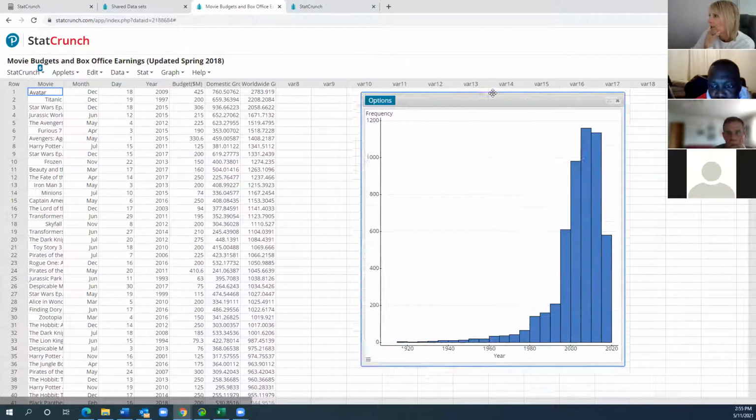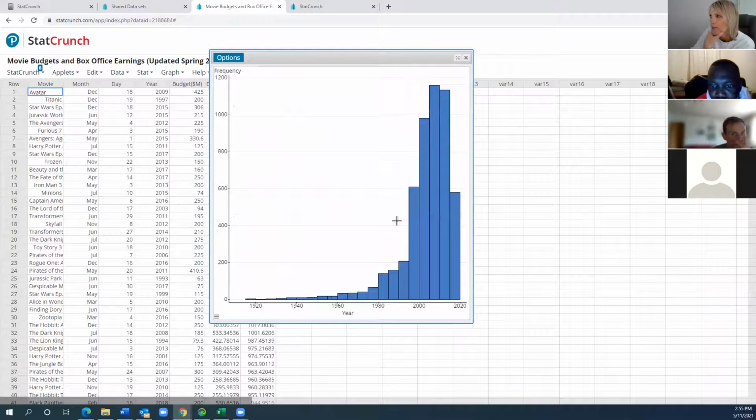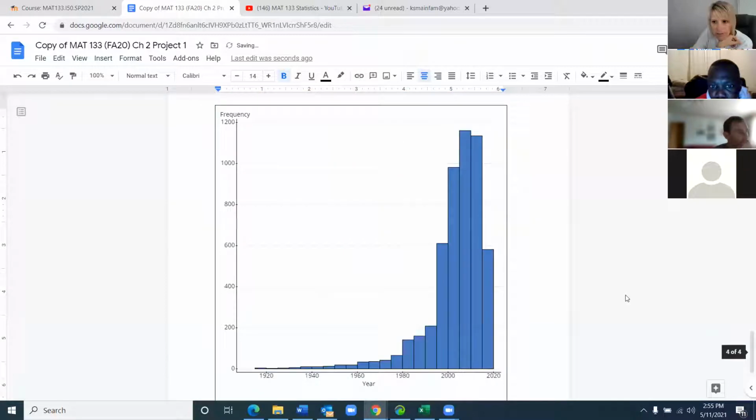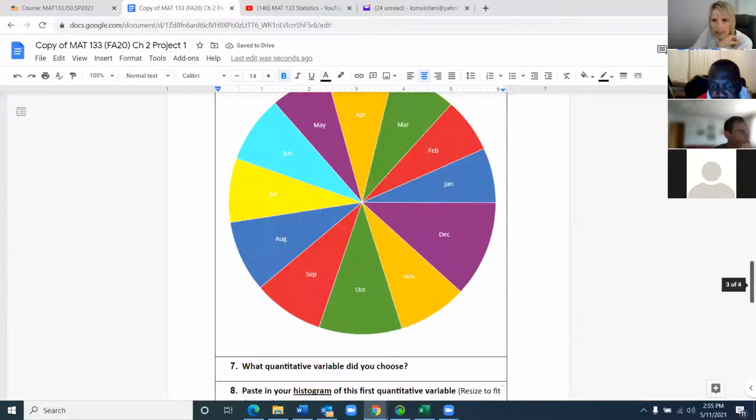And it created my histogram for me. The shape of my histogram looks like it's skewed left, just as checking it out here. I'm going to go back to my Google Doc, and I'm going to right click and paste in my histogram. And there it is.